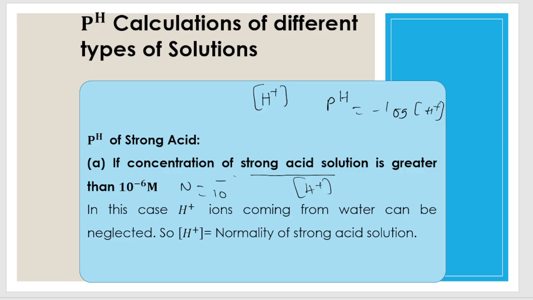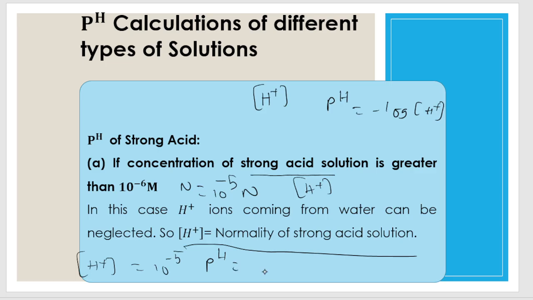N is equal to 10 to the power of minus 5 normal solution. Then the H plus ion concentration is nothing but the normality of the solution itself. That means for the solution of 10 power minus 5 normal, the H plus ion concentration is equal to 10 to the power of minus 5.